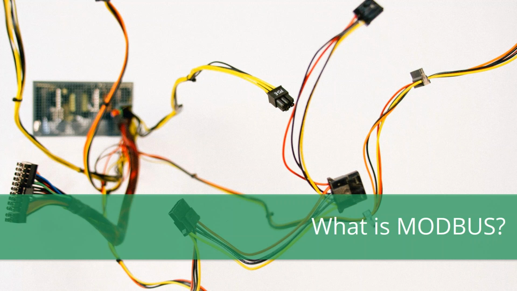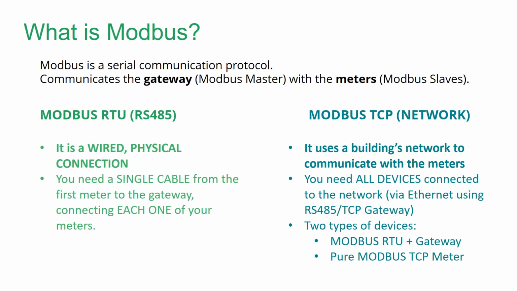So we are talking about what is Modbus. Modbus is a serial communication protocol. This means it's something like a language that communicates the gateway, that is the Modbus master, with the meters or probes, that are the slaves. This is a master-slave model.